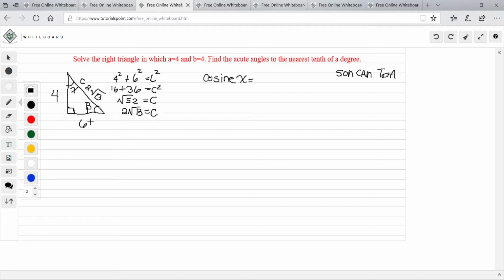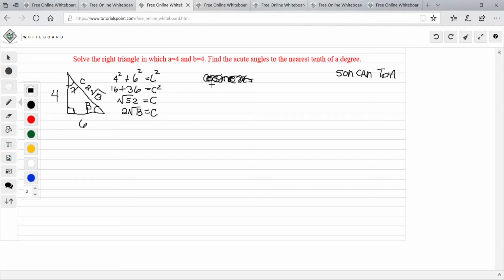Cosine of alpha is adjacent... Actually, let's not do cosine.